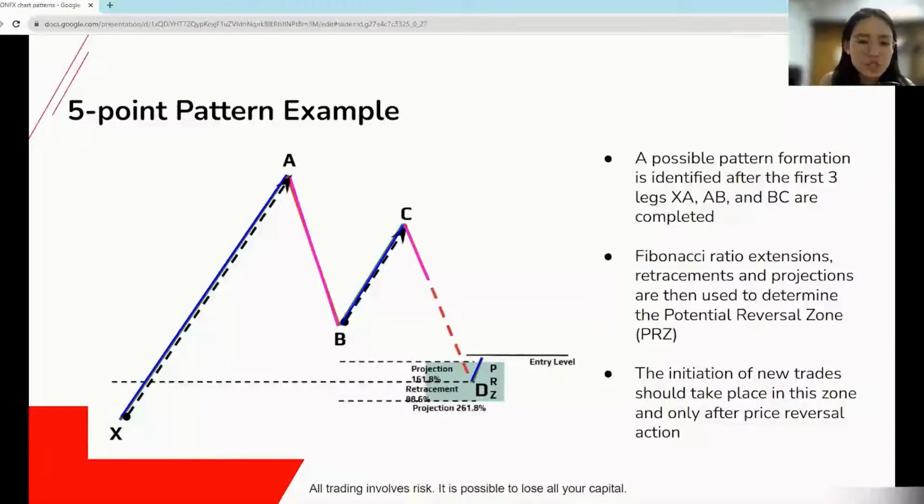The Fibonacci ratio extensions, retracements, and projections are then used to determine the potential reversal zones. All harmonic patterns have a clearly predefined potential reversal zone, and the initiation of new trades should take place in this zone, over here, and only after price reversal action, so after price breaks out of this B level here.